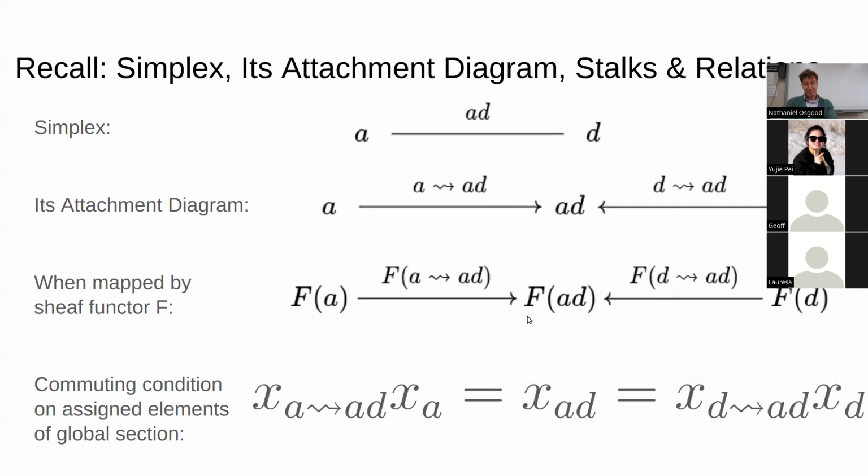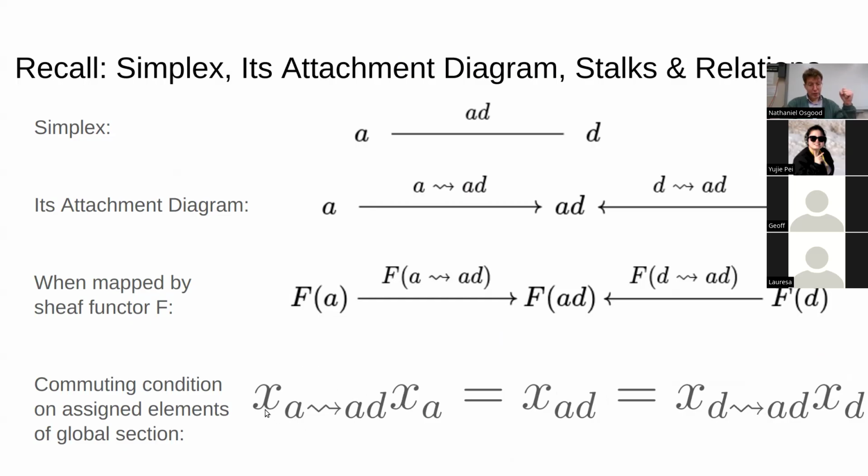So what I'm saying is that whatever specific value XA we assign to A, and whatever specific value we assign to D, they have to give the same specific value we assign to AD for it to be a sheaf. They have to play together nicely. They have to be consistent, coherent, they have to all give the same picture for AD.